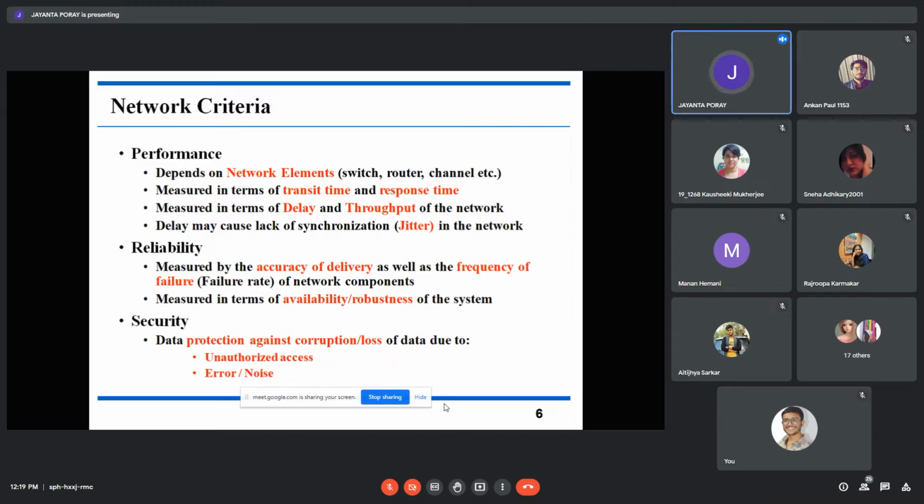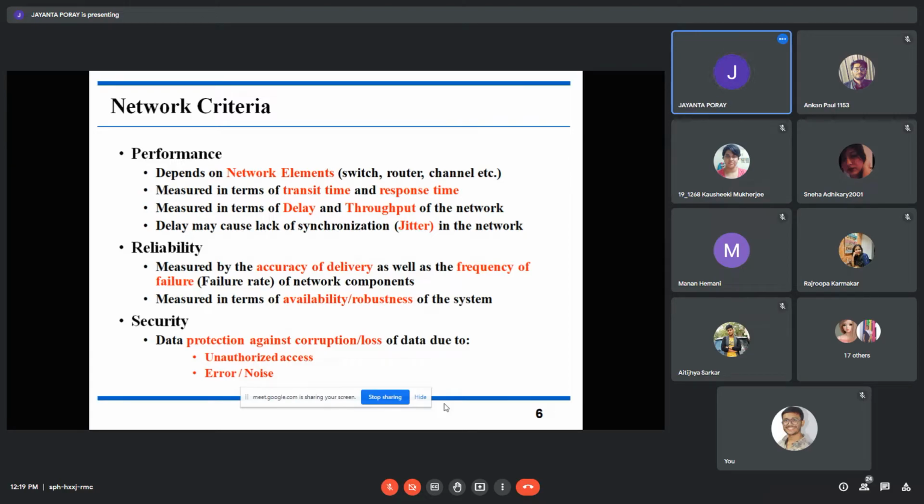That is jitter. I can give you an example of this synchronization problem. I say hello, then the receiver should also hear the message hello, but sometimes due to jitter it says hello like this. Everyone understood what is jitter? This is because of the lack of synchronization of the packets.